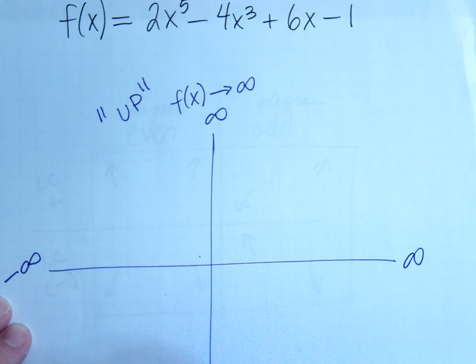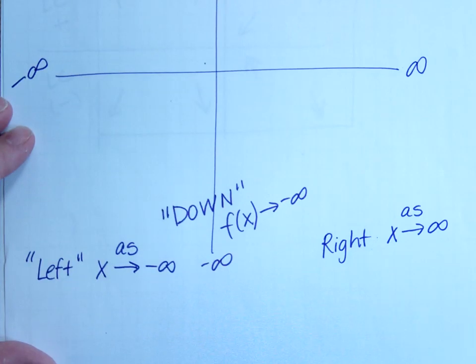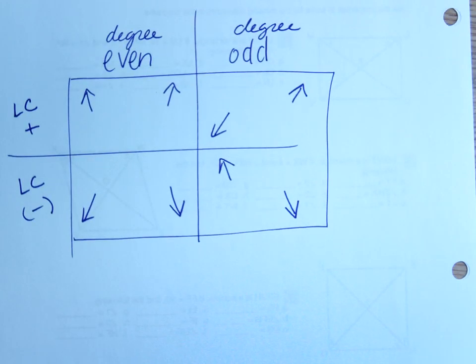And down, we're going to say f of x is approaching negative infinity. So we're always going to say left and we're always going to say right. And then we're going to tell whether it's pointing up or down according to what it's actually doing.